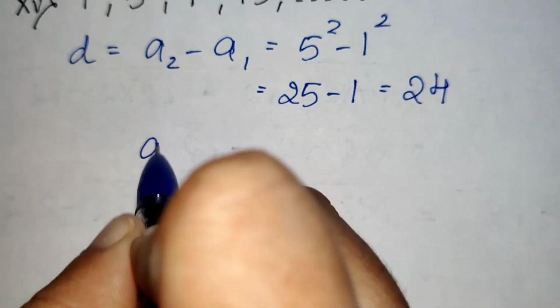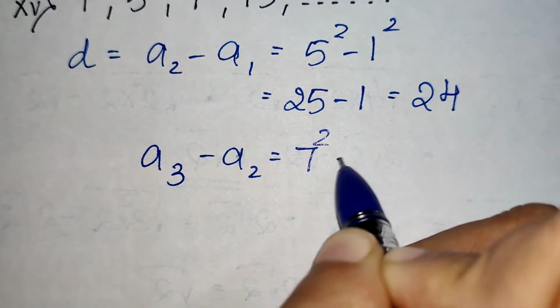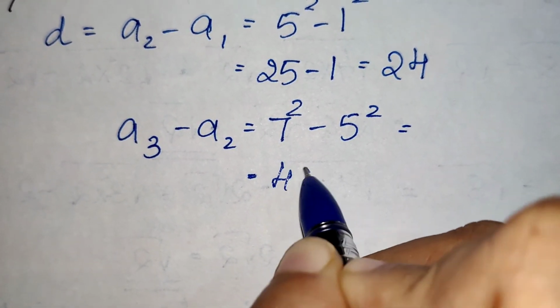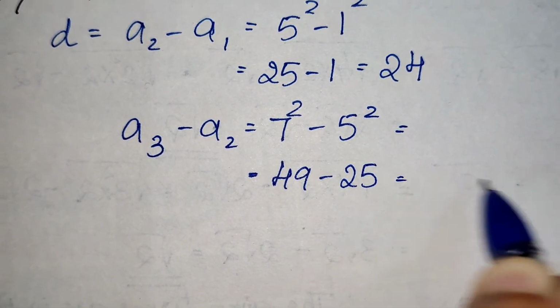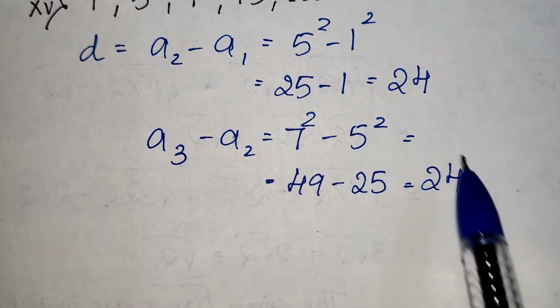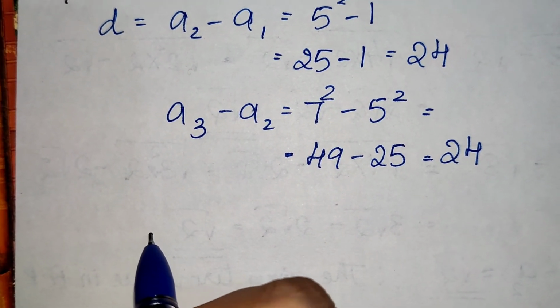Again A3 minus A2, 7 square minus 5 square. 7 square is 49 minus 25. So again we get 24. Therefore we got 24 in both the scenarios. So our terms are in AP.